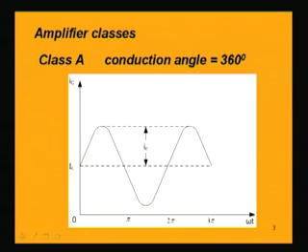We can see that the whole cycle will be there from 0 to 2 pi, or 0 to 360 degree, and this is a typical linear amplifier which we discussed earlier with the small signal amplifier, in the linear operation range.